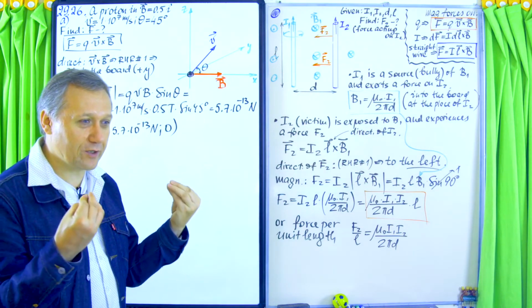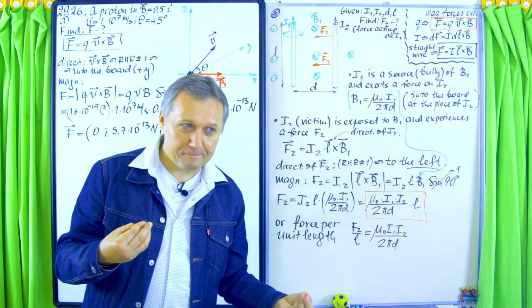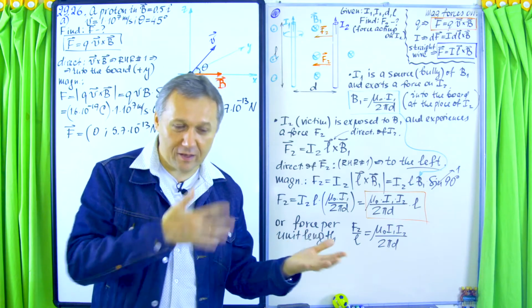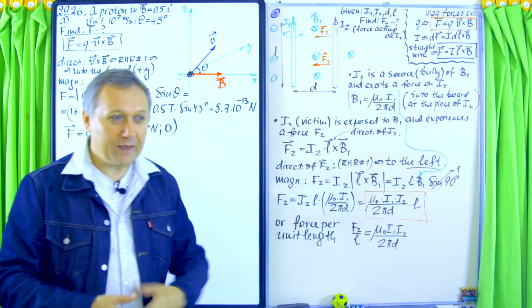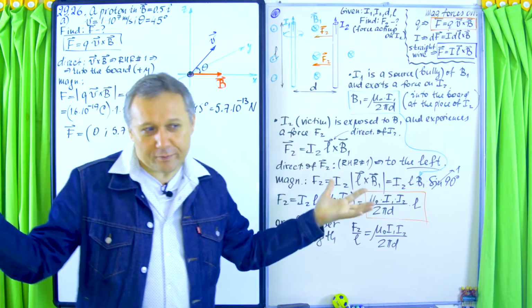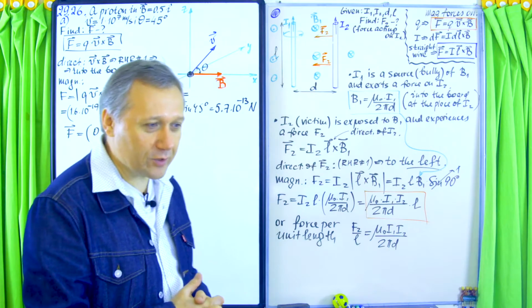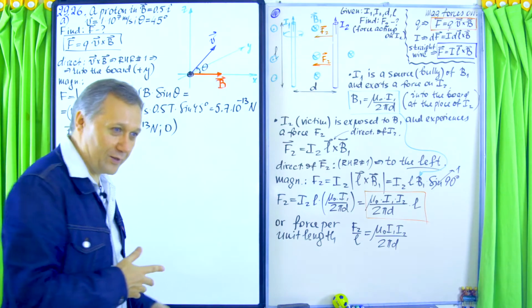Again, you will have to make a decision which object experiences the force. And in parts A and B and C, that object is going to be different. And also, you need to make a decision which objects are your bullies, which exert forces on your victim.